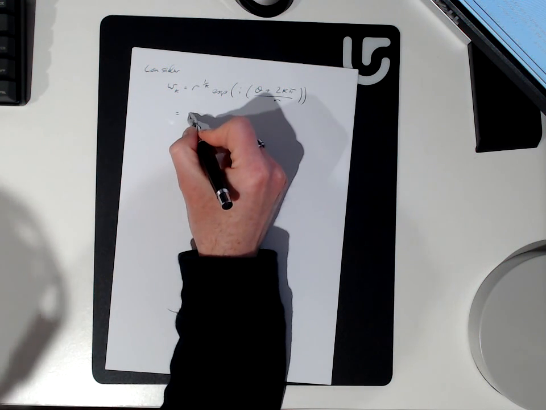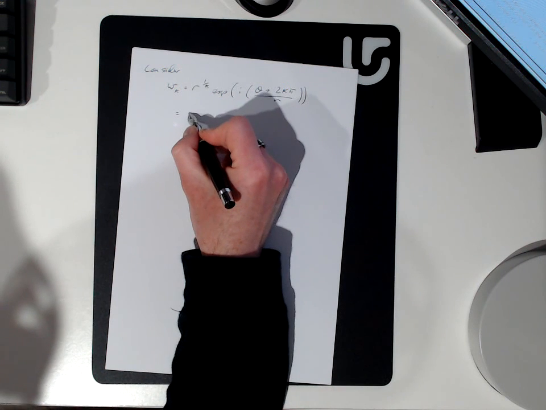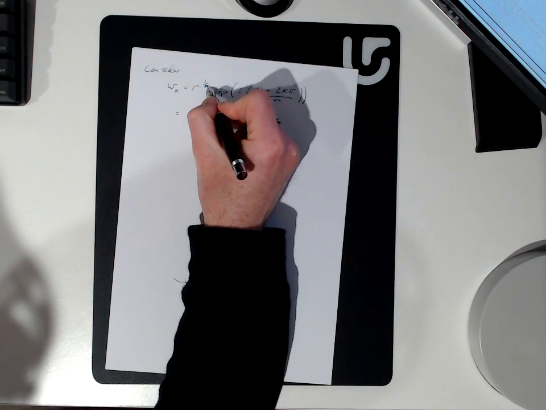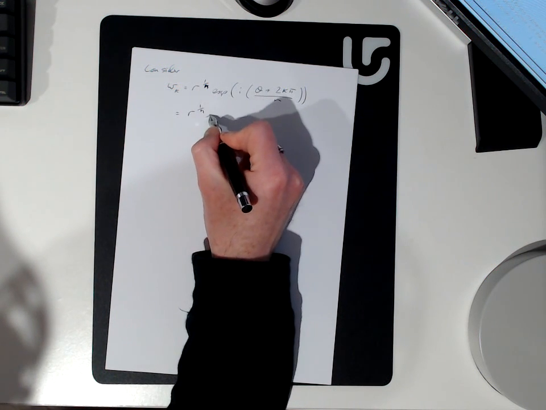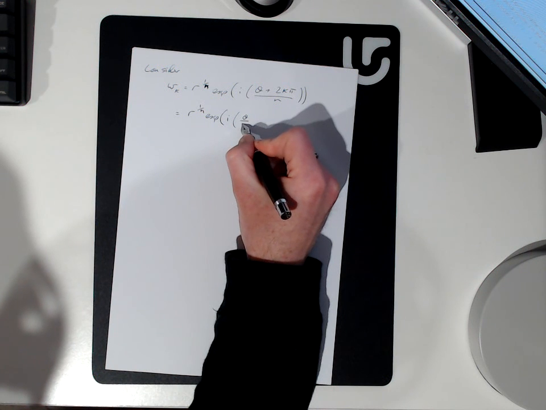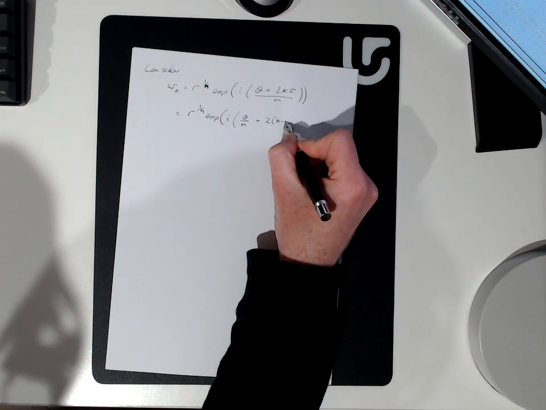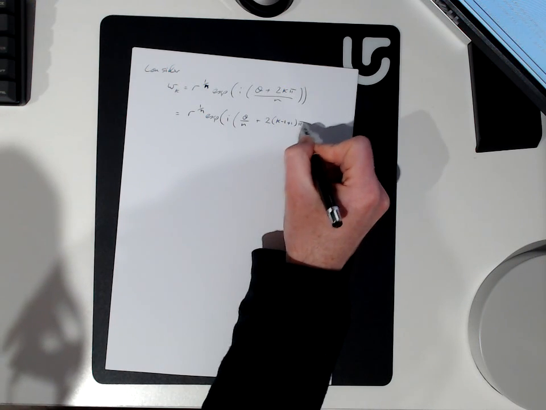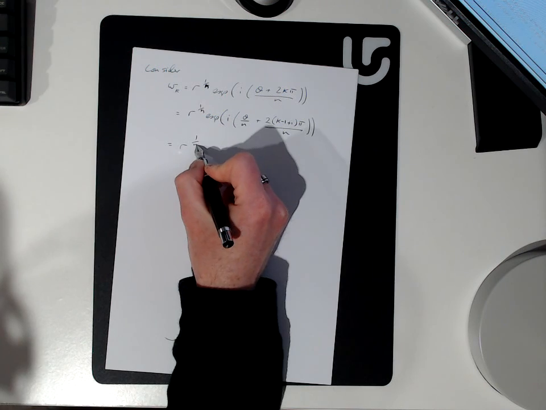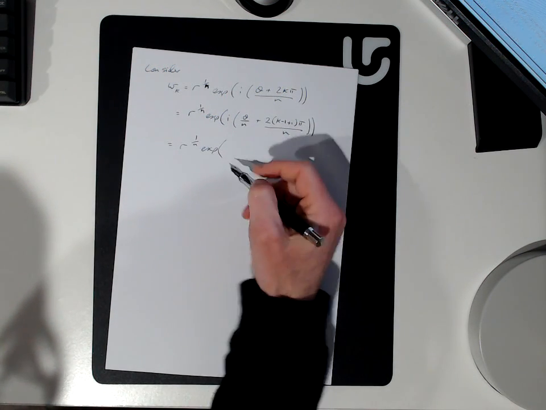Now this is equal to, I have to get this right, 1 over n exp i times theta over n plus 2(k minus 1 plus 1) pi over n. I'm trying to rewrite this in terms of omega k minus 1.